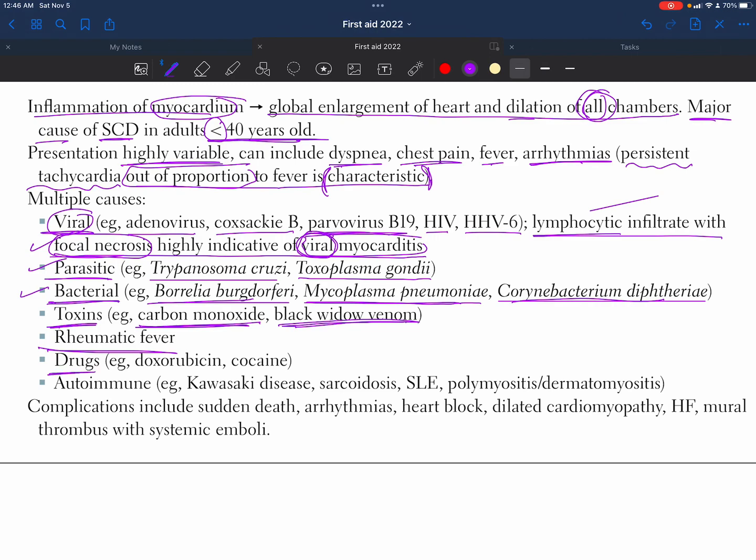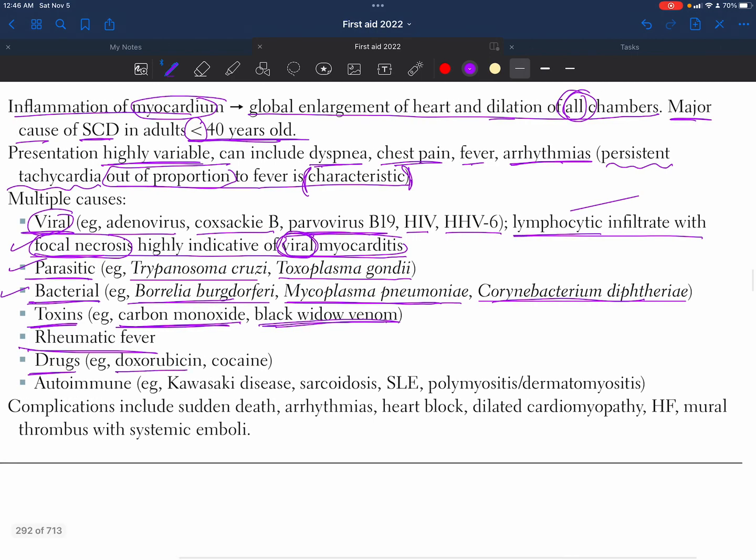Also, some drugs cause myocarditis, like doxorubicin, which is a kind of chemotherapy, plus cocaine as well. And of course, autoimmune conditions may also develop myocarditis, like Kawasaki disease, sarcoidosis, systemic lupus erythematosus, or polymyositis/dermatomyositis.